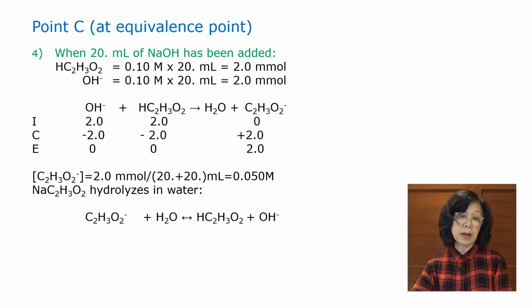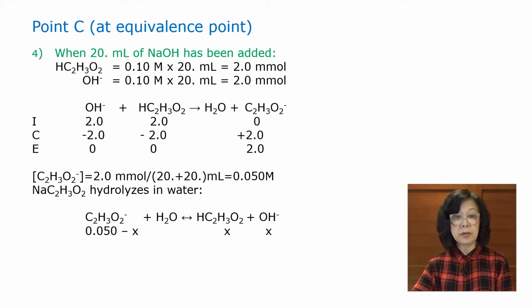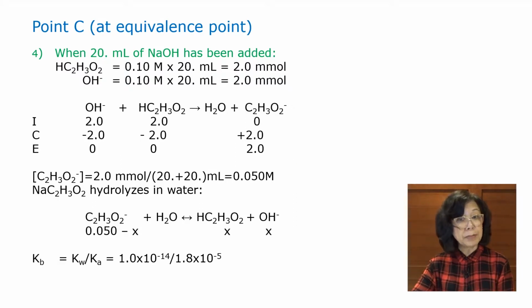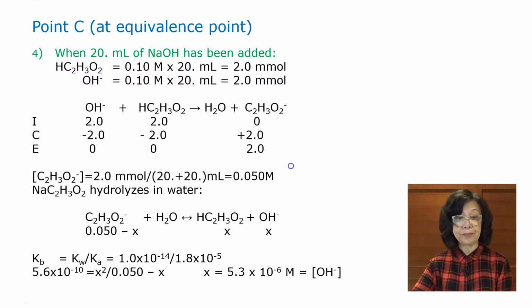Now the salt would hydrolyze in water to form the weak acid and the hydroxide ion. So we attach the values to it at equilibrium. And then we use the Kb value to solve the problem because of the formation of hydroxide ion. And Kb is calculated by Kw divided by Ka.